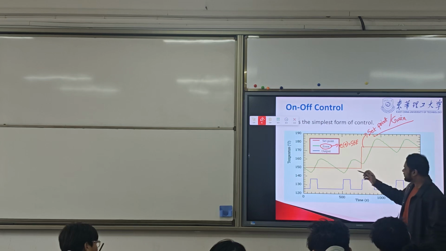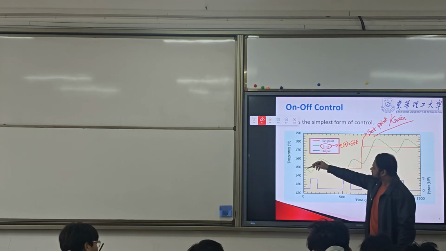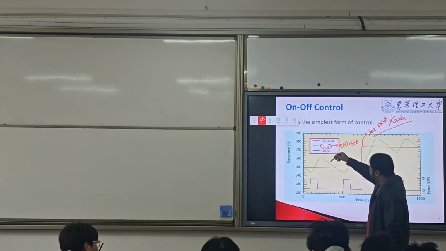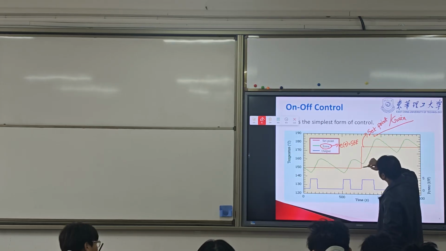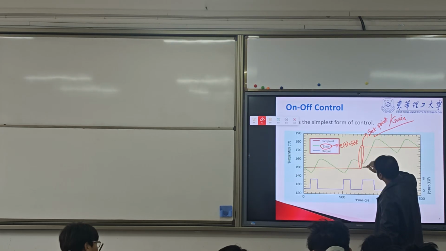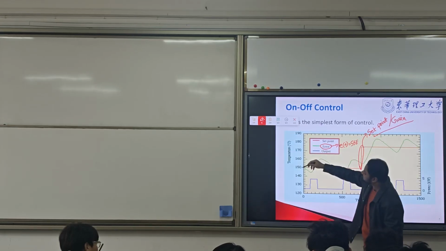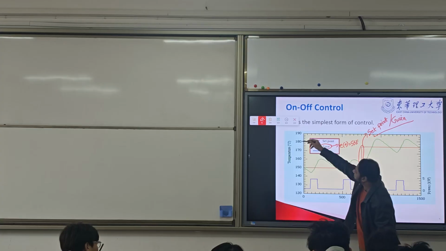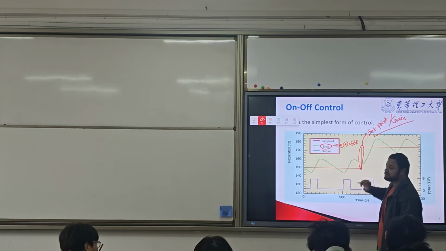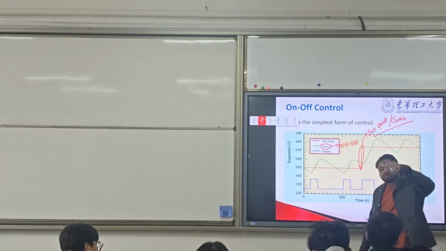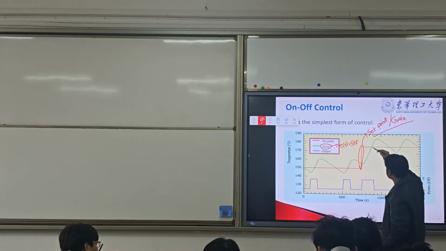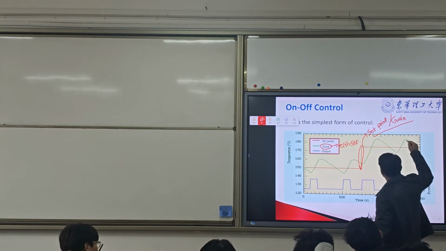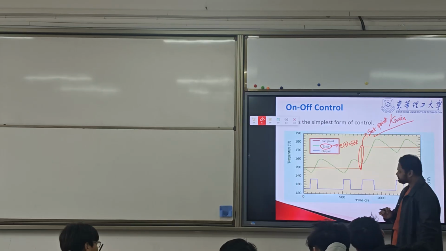So, this is the error. The error is decreasing, then increasing, decreasing, increasing. Look, the gain increased here. The error increased. Look, before it was 150. Now the error is 180. Why? Because when the gain increases, the error will increase. So the error increases and decreases, increases and decreases.